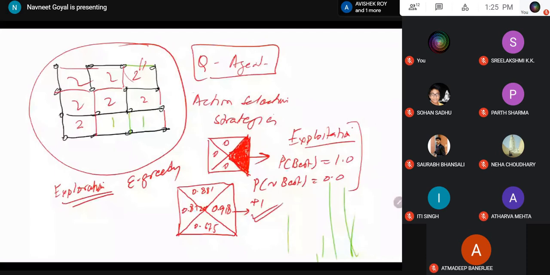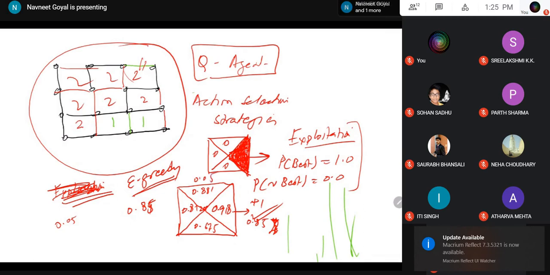So let us now talk about epsilon greedy in the context of the grid world, or the Q-Learning algorithm. So what I do is I say that with probability 0.85, I'll go in this direction. Not percent, 0.85 probability, and the remaining probability is 0.15, so 0.05 for each. So 0.05 here, 0.05 here, 0.05 here.